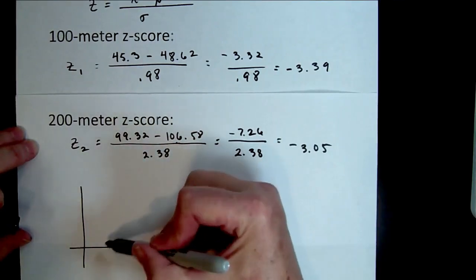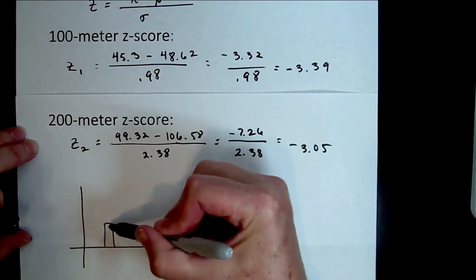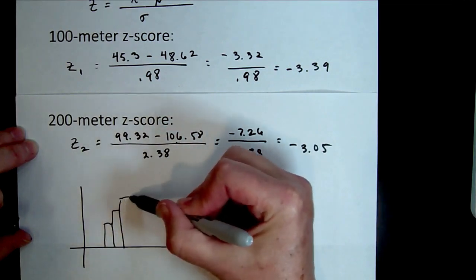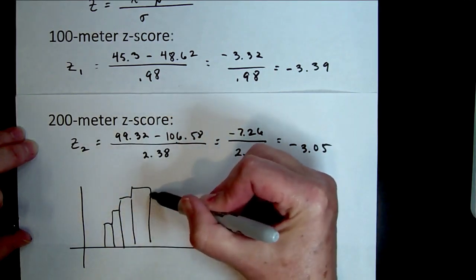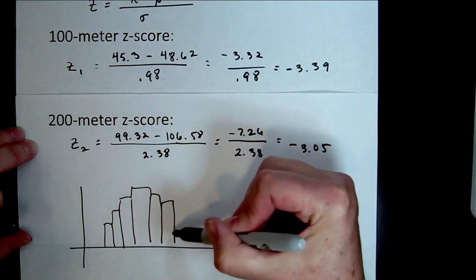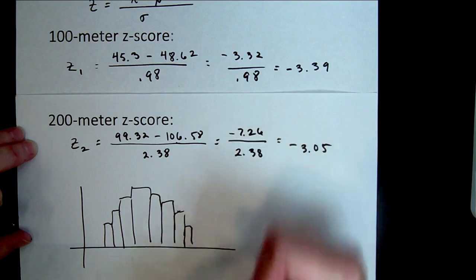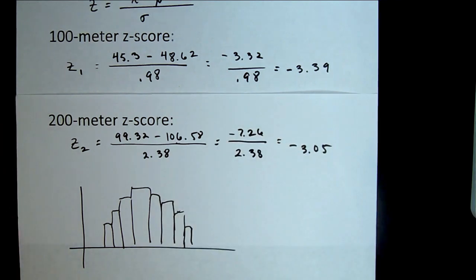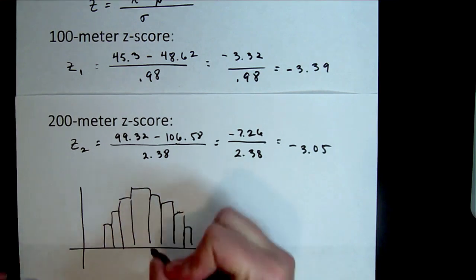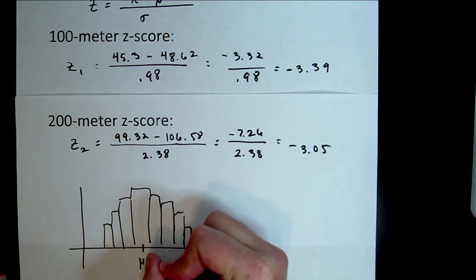So let me see if I can give you just sort of a visual of what's going on here. So say there's some frequency distribution. I don't know what it looks like. I'm just kind of making things up here. Let's say we've converted both the 100-meter and 200-meter frequency distributions into ones that have the same mean of 0.